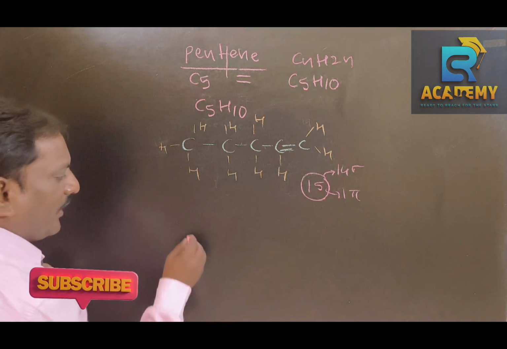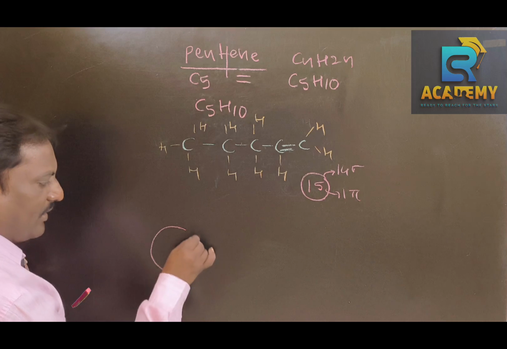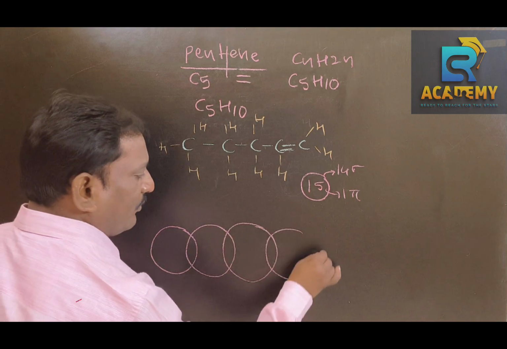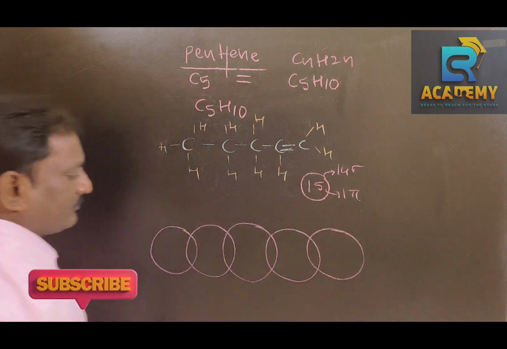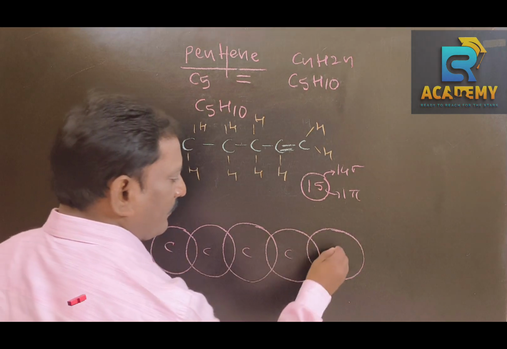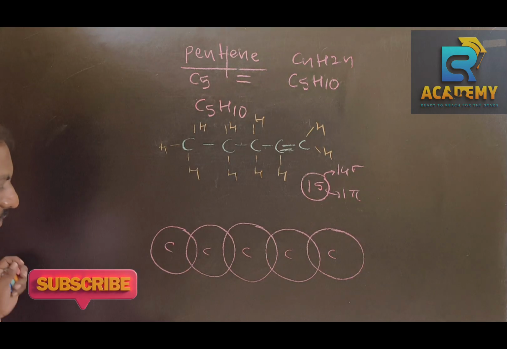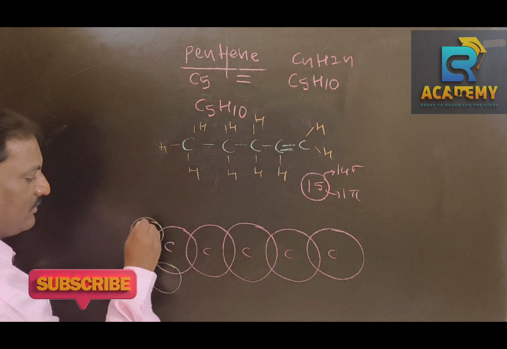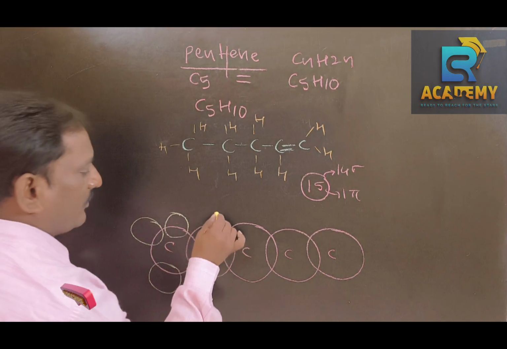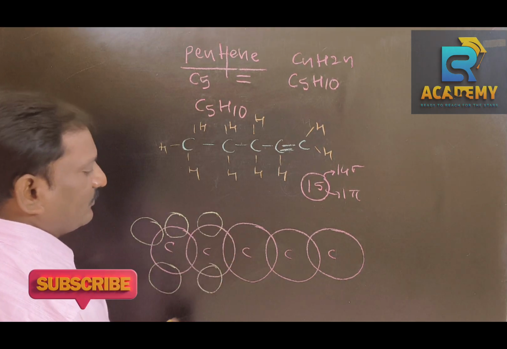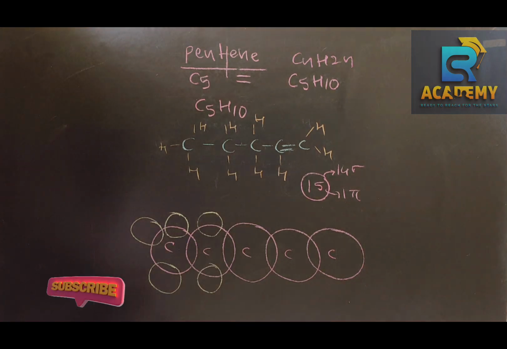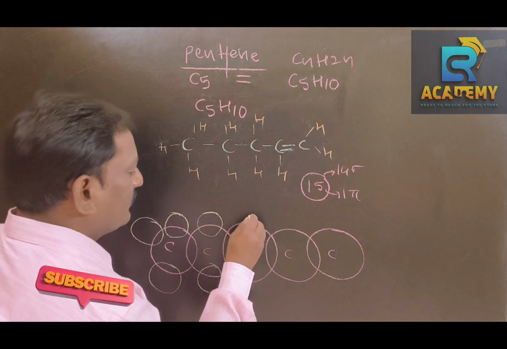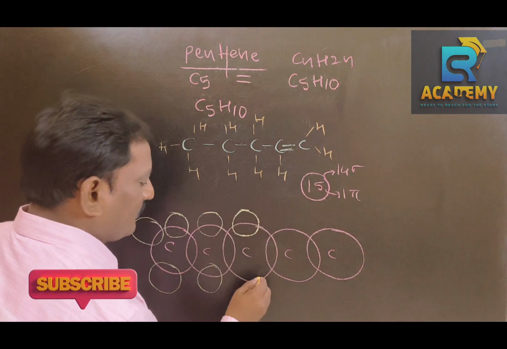Lewis dot structure. 5 carbon atoms. 1, 2, 3, 4, 5. This one gets attached with 3 hydrogen atoms. 1, 2, 3. This carbon 2, 1, 2. Next one, this one with 2.